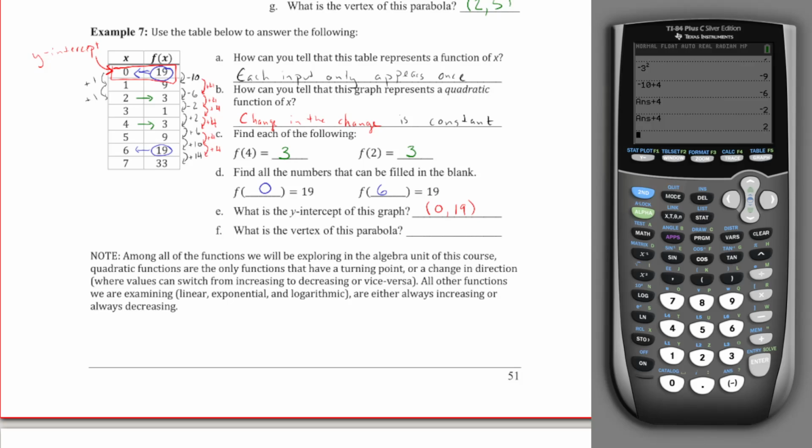And then the vertex, well, the vertex is going to be the minimum or maximum output. And we see that happening in this row of our table. Our vertex is at 3, 1.